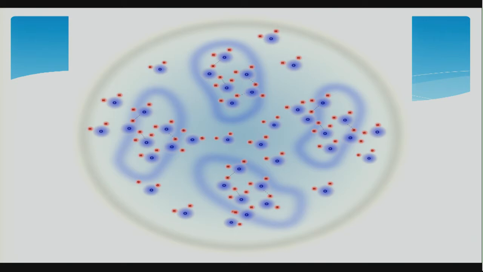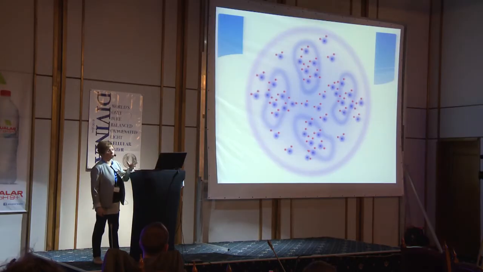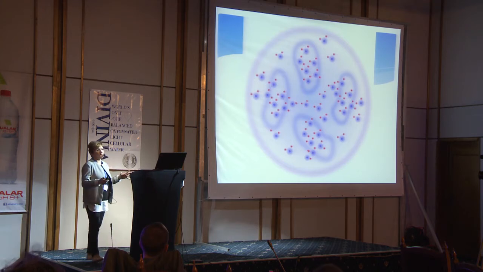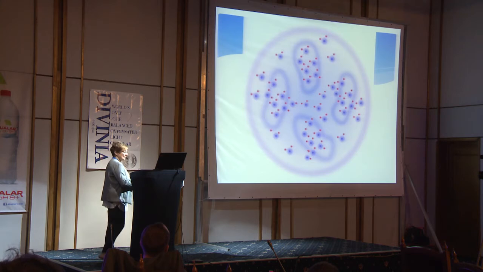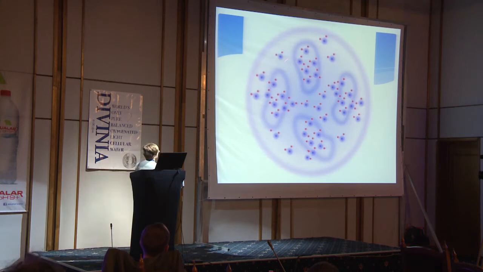Coming back to water. At this point, we can imagine, but this is just a pictorial representation of course, that water is made up of different structures. There are free molecules swimming in space, and there are molecules which are arranged inside a confined part of space.